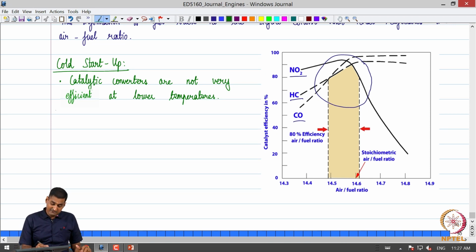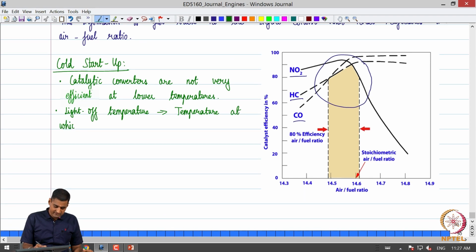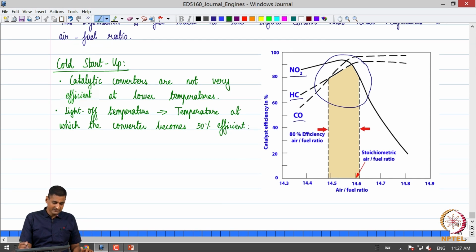This makes the conversion efficiency poor at those temperatures, and so there is something called the light off temperature, the temperature at which the catalytic converter becomes around 50% efficient in the conversion process.